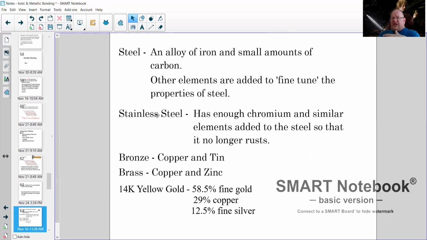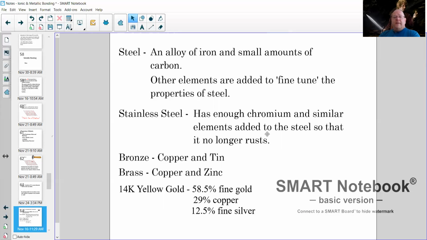So an example, stainless steel has chromium in it, or possibly some vanadium, some nickel. And if you put enough chromium in the steel, now you've got steel that doesn't rust. All commercial kitchens have to be made of stainless steel products.